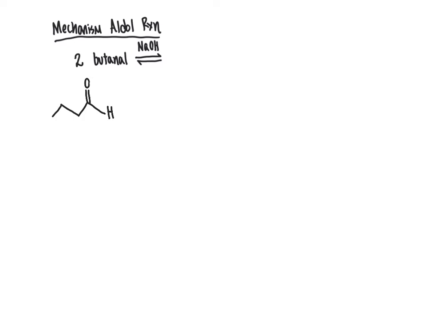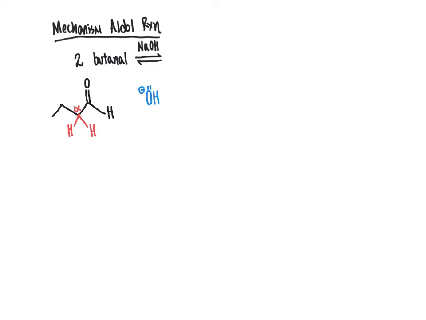So I'm going to draw out my butanal molecule. Here I have my 4-carbon butanal. I'm going to explicitly show the two hydrogens here at the alpha position, because as we learned in the last video, in aldehydes and ketones, those are going to be the most acidic position of the molecule. And so we'll bring in then our base, sodium hydroxide. You don't really need to write out the sodium there.